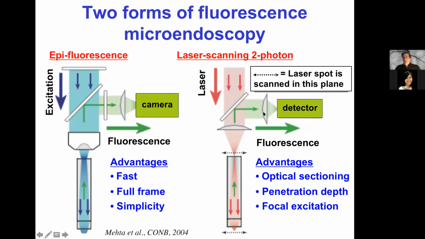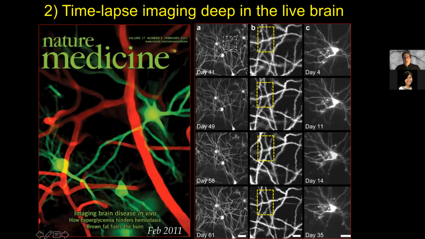With the laser scanning two-photon microendoscopy, one has the virtue of optical sectioning, as in conventional two-photon microscopy, improved penetration depth into the tissue, and the ability to focally excite fluorescence at the laser spot, and to piece together images voxel by voxel. So we have one approach that offers speed and simplicity, and another that offers true three-dimensional optical sectioning. So that's how we image cells deep in the brain.